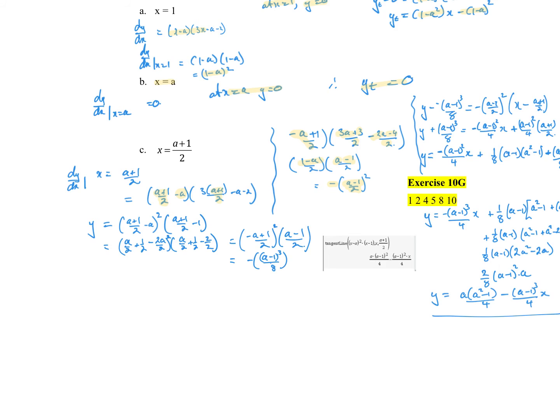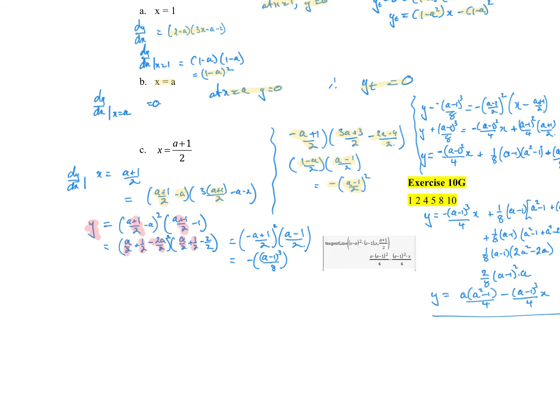If I want to get my y value, okay, I substitute a plus 1 on 2 into the function. So there's my x minus a all squared, x minus 1. Do the same thing. I'll split it up this time, just to try and make it clearer. A plus 1 on 2 is a on 2 plus 1 on 2 minus 2a on 2. Get them all common denominators.